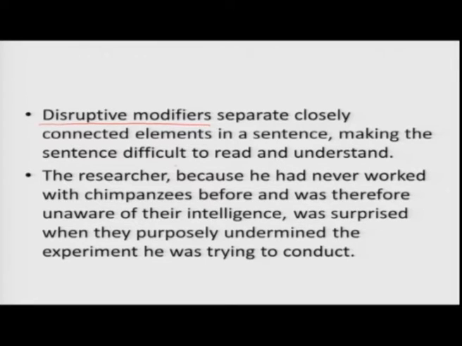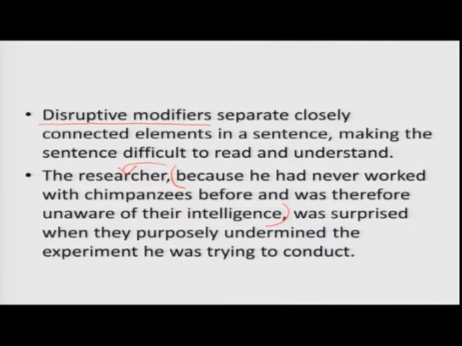So, this part is the modifier. A small one, an adverb, probably may look okay, but this is a very longish clause, and this is modifying the researcher, but this interrupts the flow here.